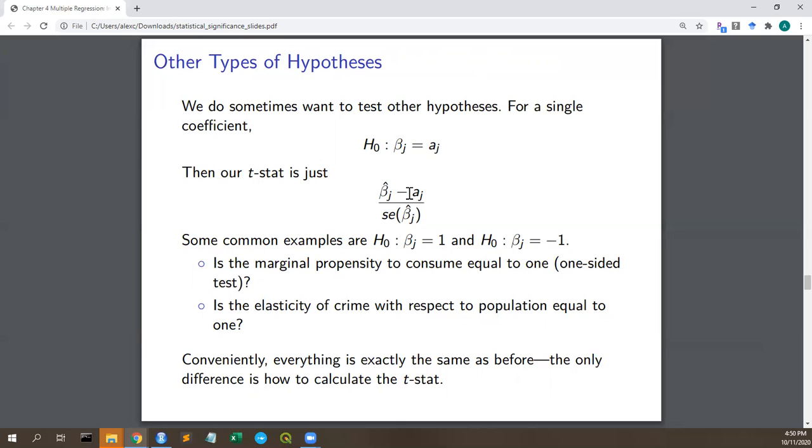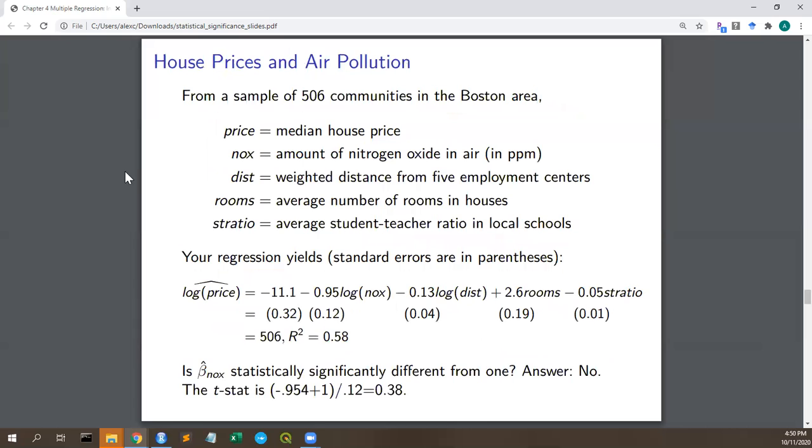This is really important for a lot of macroeconomic stuff, because typically we want to compare our results to actual numbers, or even in some micro stuff too. So here is an example. It says, is beta NOx statistically significantly different from 1? You would have your value and you want to subtract off 1 from it.